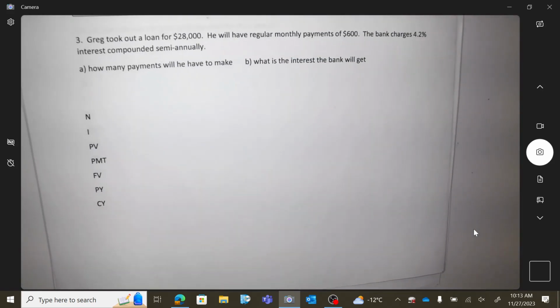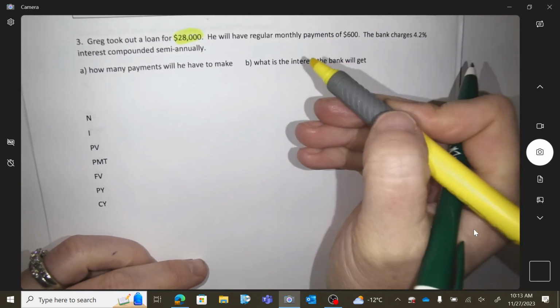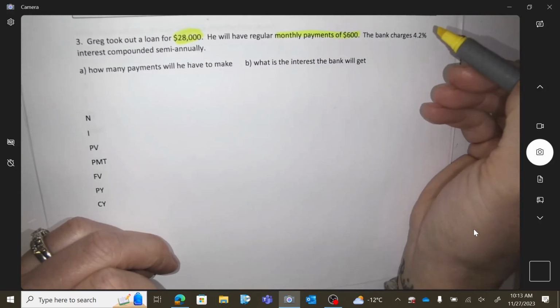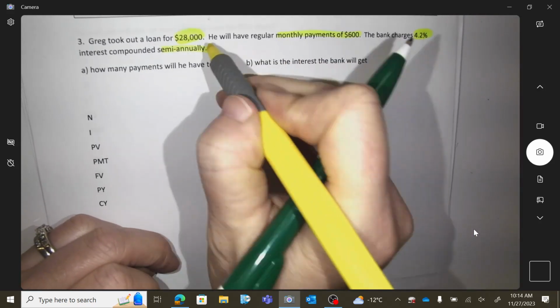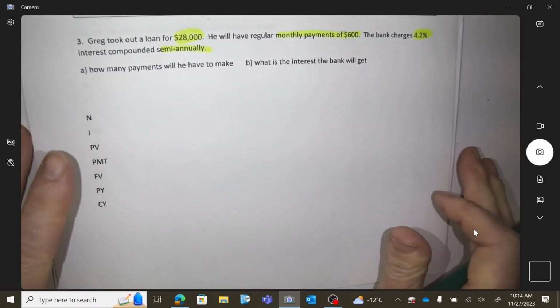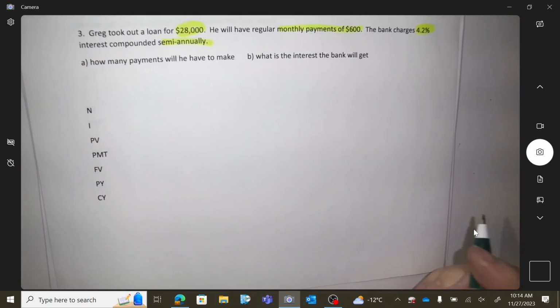Okay, we took out a loan for 28 grand. Monthly payments, interest compounded semi-annually. How many payments will you have to make?